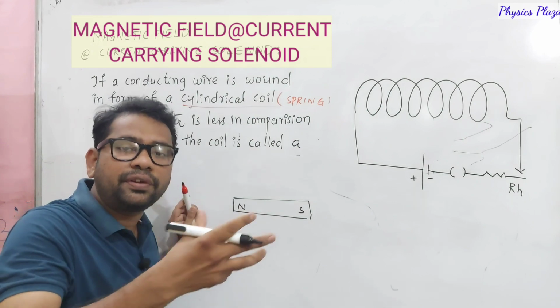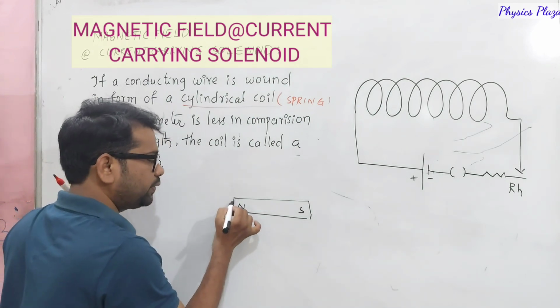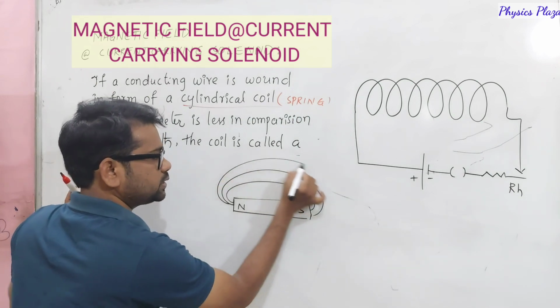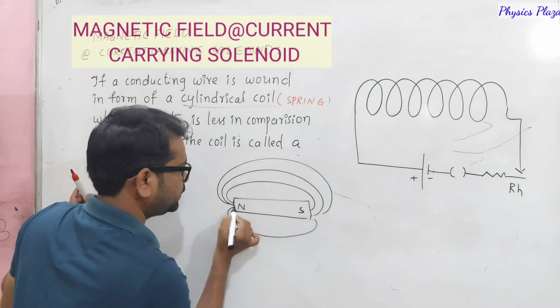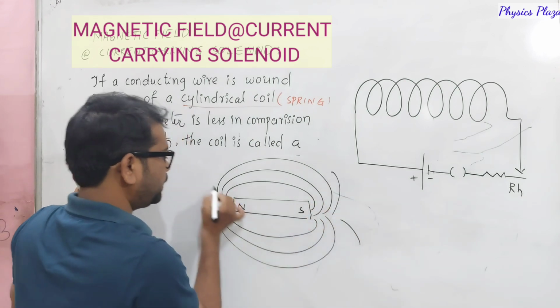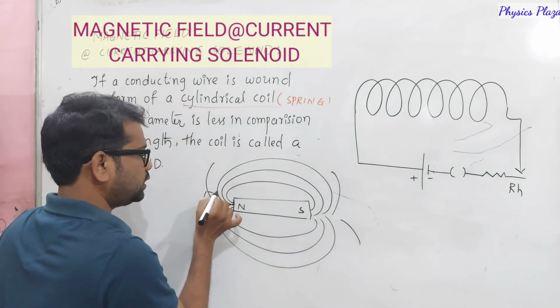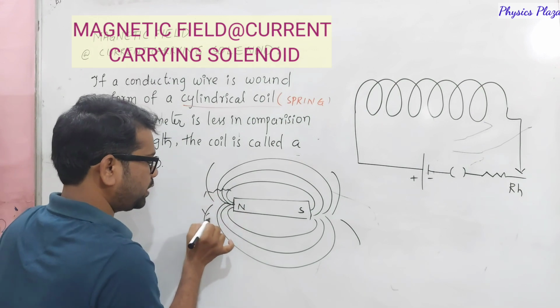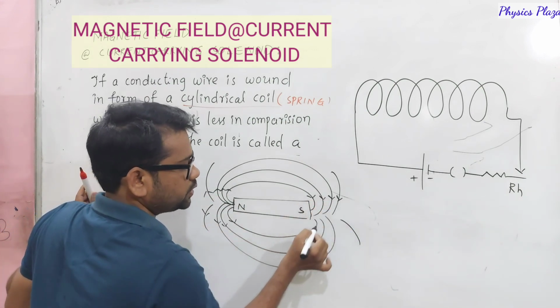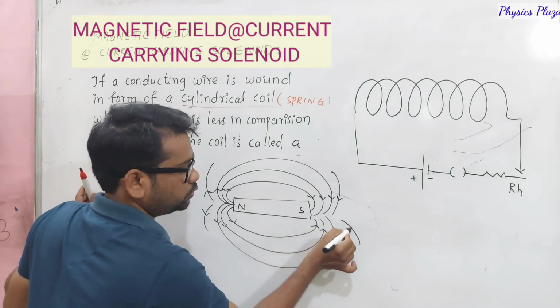Children, how will the magnetic field be around the bar magnet? Field lines will move like this. So this is a beautiful magnetic field. Field lines will come out of the north pole and enter into the south pole like this.